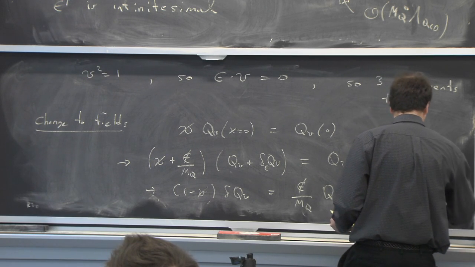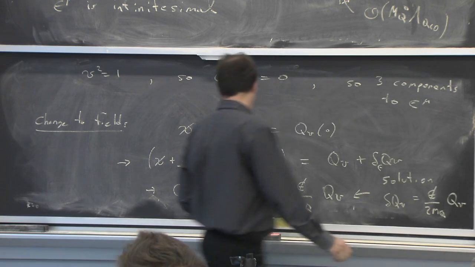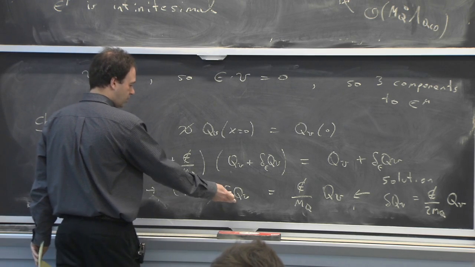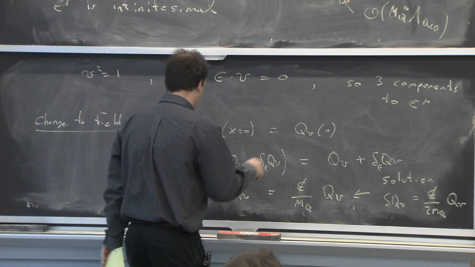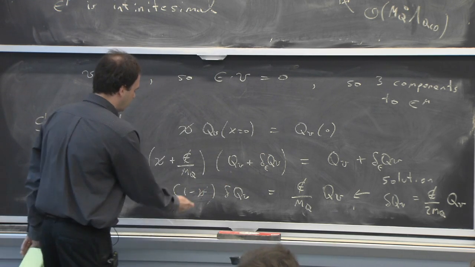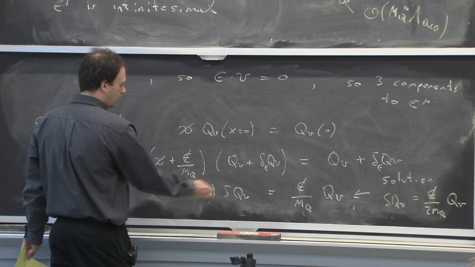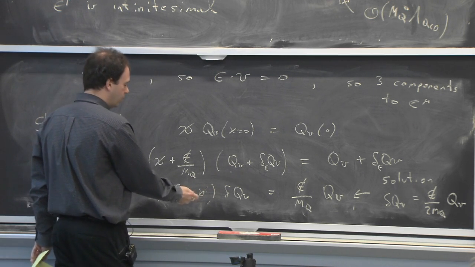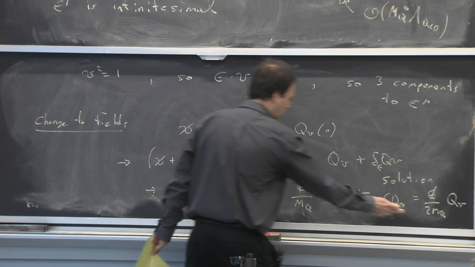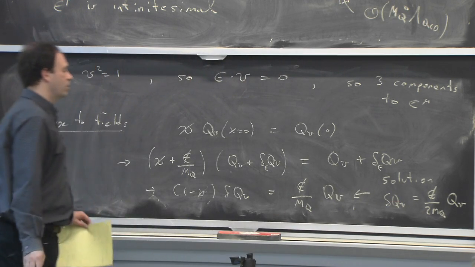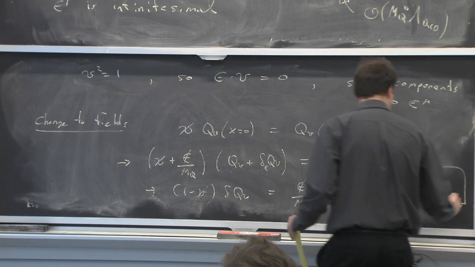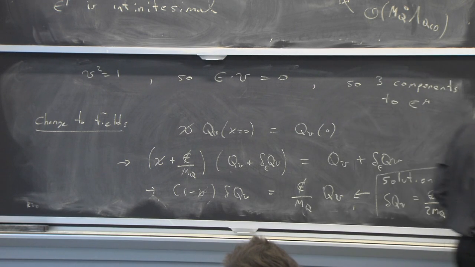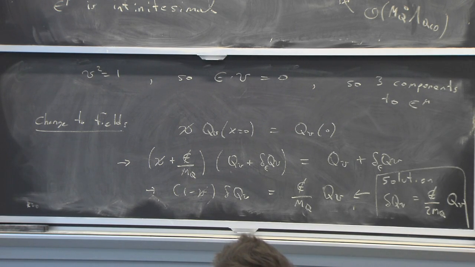Remember that epsilon is transverse to v, so if I plug that solution in here and push the v slash through the epsilon, let it hit the Q_v, that's giving a factor of 2 because it anti-commutes. That's this 2 here. And then I would get what I wrote on the right-hand side. So if it's not obvious, check for yourself that that's a solution. So that's how you derive the change to the field under this reparameterization.